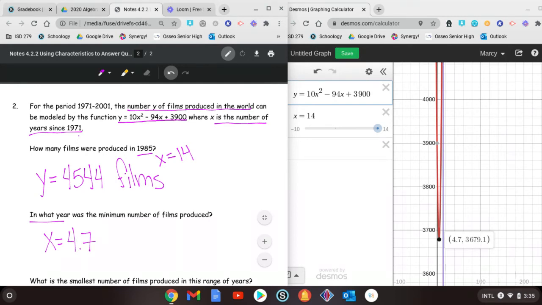It asked in what year. So you need to take 1971 and add 4.7 to it. That's 1975.7, so it's in 1975.